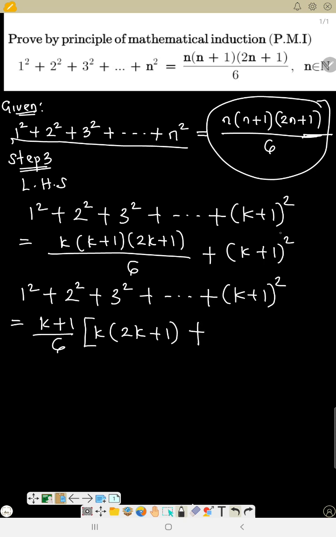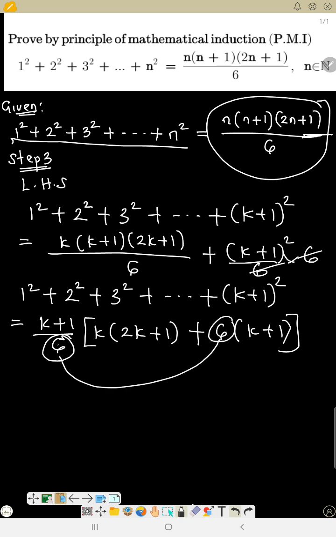Then plus, remember k plus 1 is common and we say over 6. So that means this must be 6 bracket. It will remain just 1 times k plus 1 there. Because there is no over 6 here, and we say over 6 is common, I have to put 6 here so that it will go. Remember, 6 times 6 over 6 here will cancel out, so that's why 6 is there.